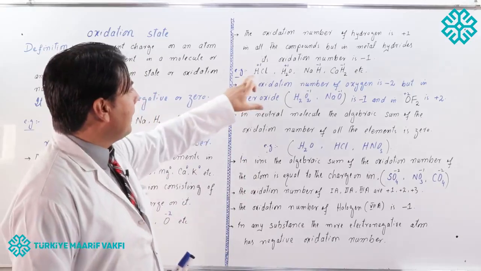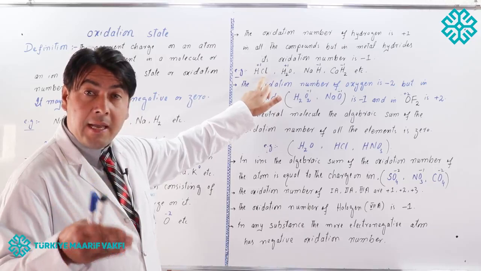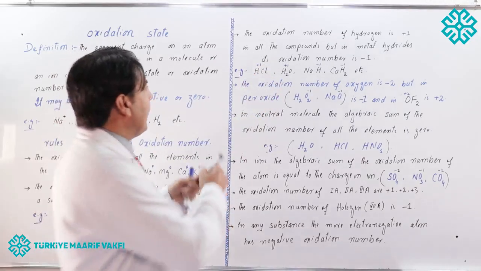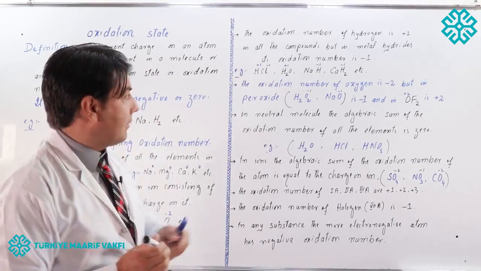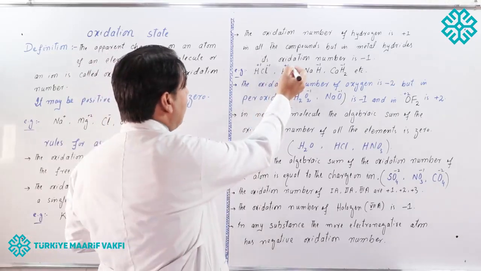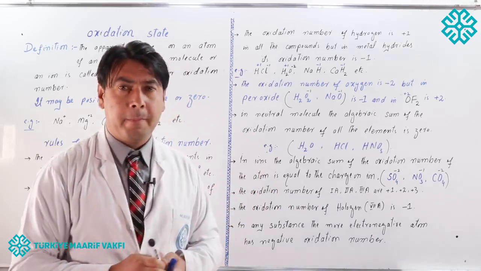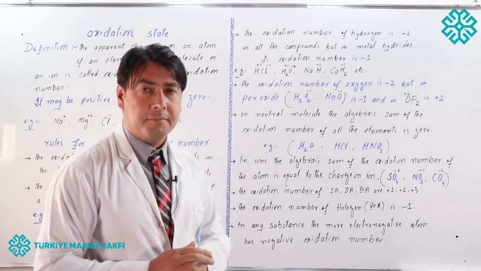For example, in HCl, we know chlorine is the highly electronegative element, so chlorine will carry a negative charge and hydrogen will have a positive charge. Similarly, in H2O, oxygen is highly electronegative, its oxidation number is -2, so hydrogen has oxidation number +1.